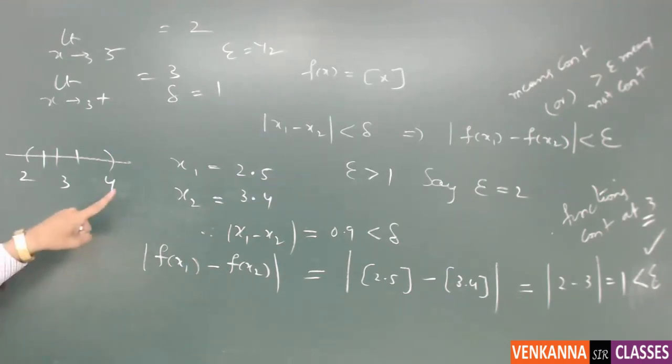So any more clarity over this delta and epsilon? Can you say that by taking epsilon equal to 2, the function is continuous at the point 3? Do you accept? Since the value is satisfying, can you say that the integer part function x is continuous at the point 3?